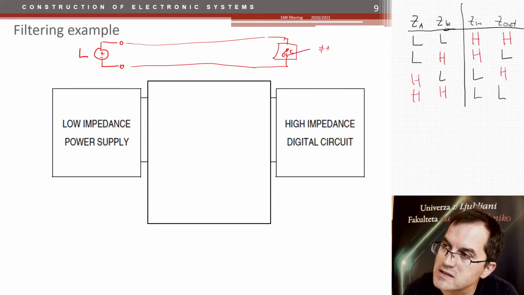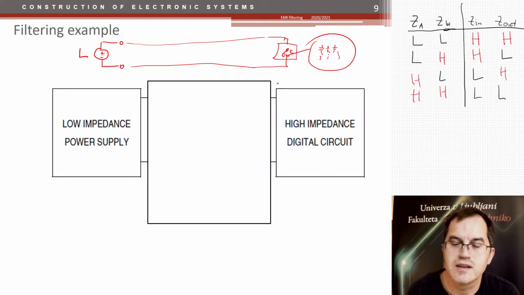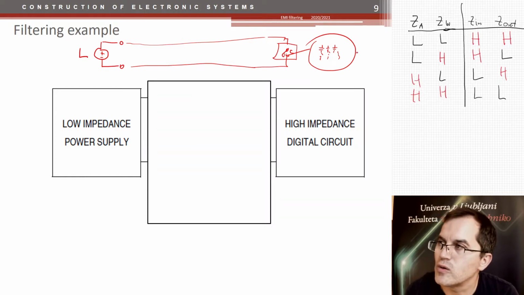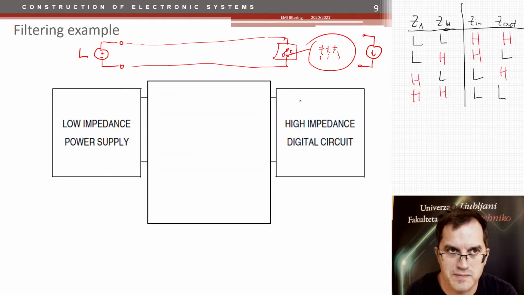Inside this circuit we have a lot of small capacitors which are switched on and off with certain switches. So this is how a digital circuit can be represented. Always charging and discharging a million very small capacitors, it behaves like a very noisy current source. A very noisy current source means that it has large impedance.